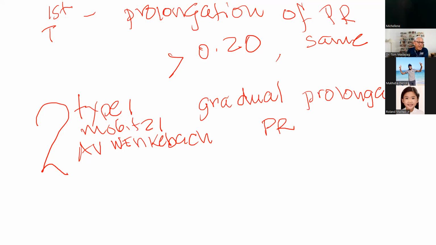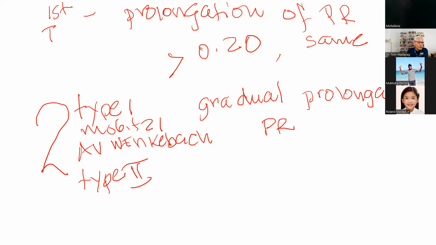The other type of second degree AV block is Mobitz 2 or type 2. In a type 2 AV block, this is going to be a much more serious condition because the blockage is going to be at the level of the bundle of His.